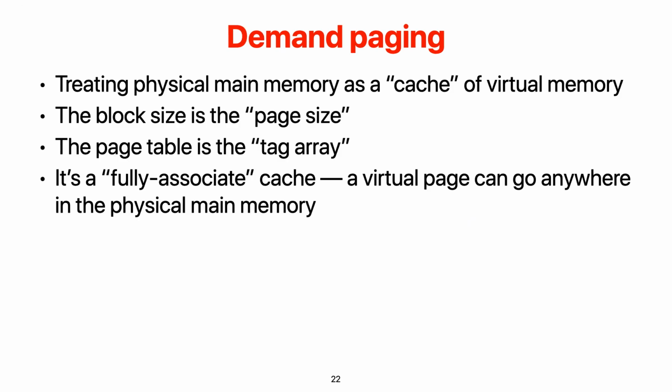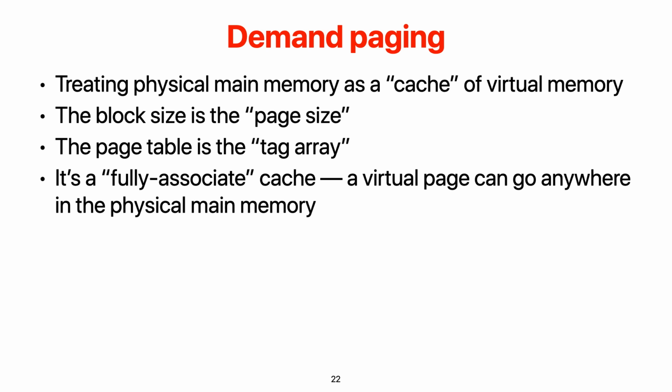This mechanism is called demand paging. As we iterated from previous slides, you will have a feeling that it's very similar to the cache in a certain way. You can use the analogy that the block is like a page, and the page table is essentially like a tag array.